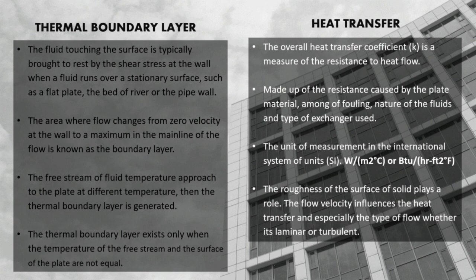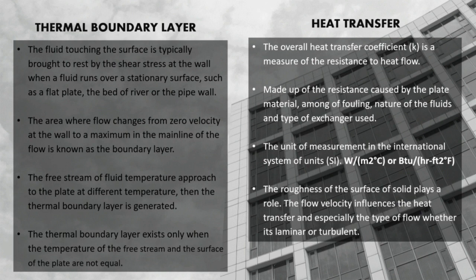When the free stream of fluid approaches the plate at a different temperature, the thermal boundary layer is generated. The thermal boundary layer exists only when the temperature of the free stream and the surface of the plate are not equal. Next is heat transfer.